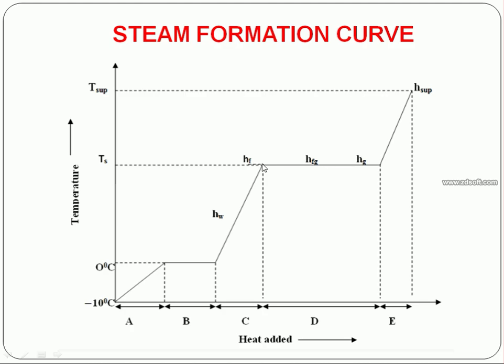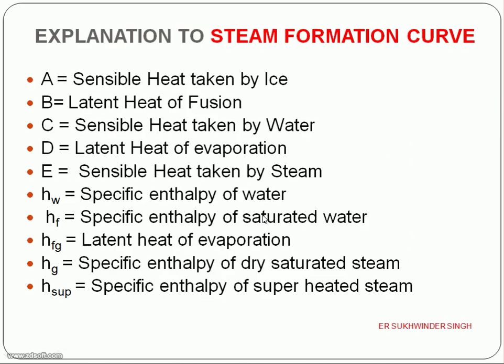Now, when it reaches this point HF and we further add heat, it is a straight line which is denoted with D. This is known as the latent heat of evaporation.